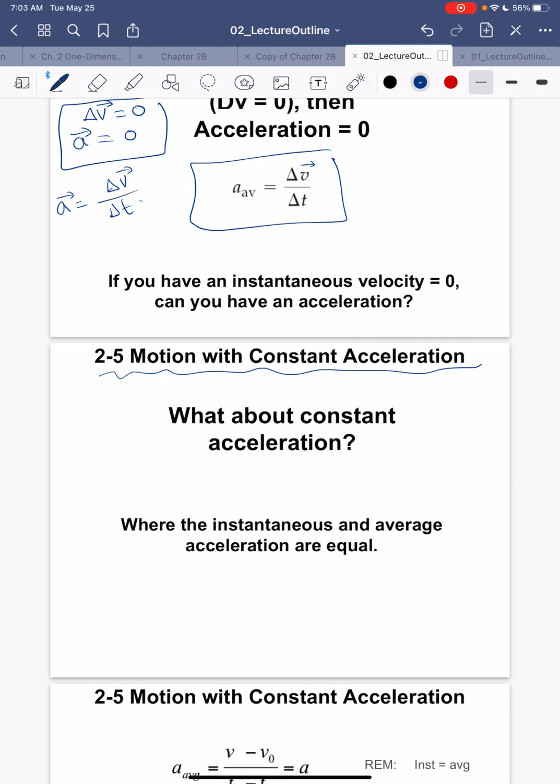And always you are going to find a question where we are going to say that you can consider the acceleration is constant.